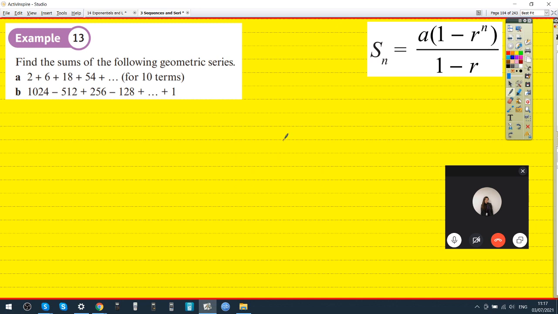So could you sub in 2 for a then? So a is 2. And then you can make r 3. R is 3. And then you can make it to the power of n, right? What is n? 10. Yeah. And then it's over 1 minus 3.